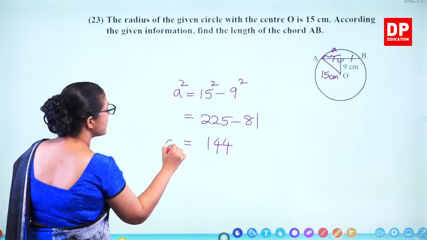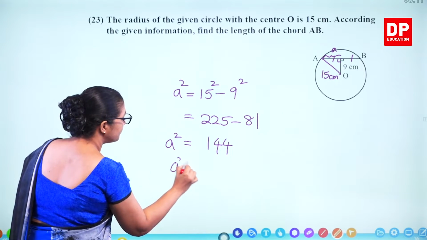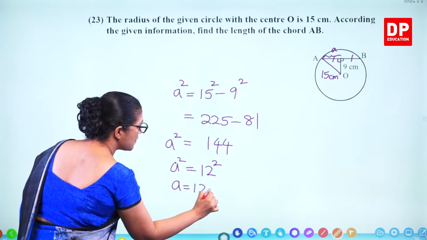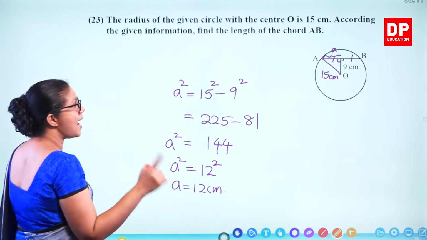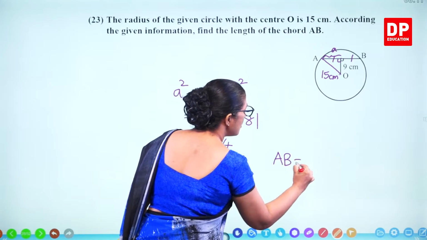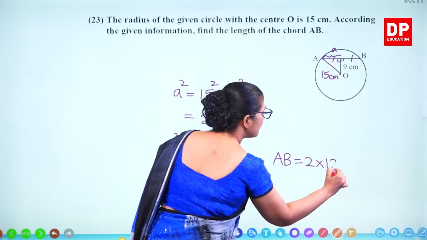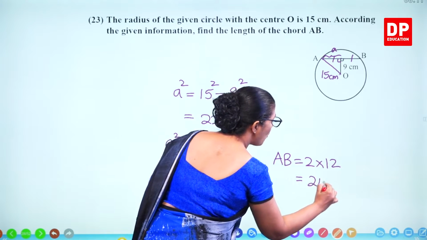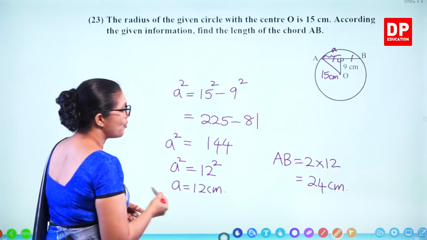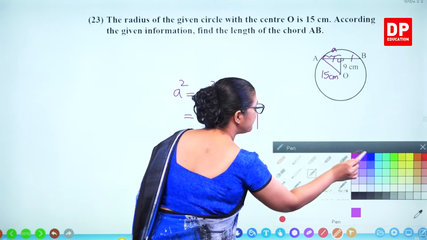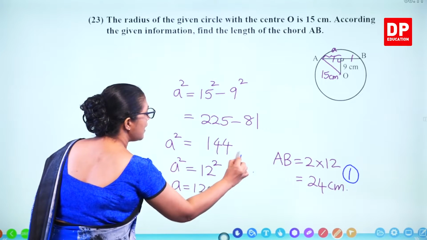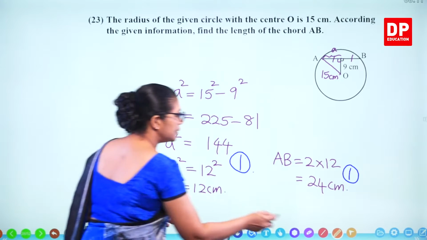When you take the square root, this is 12 squared, so A becomes 12 centimeters. So what's the AB length then? AB length becomes 2 times 12, 24 centimeters. So you get 2 marks there: 1 mark here and 1 mark for finding the A value.